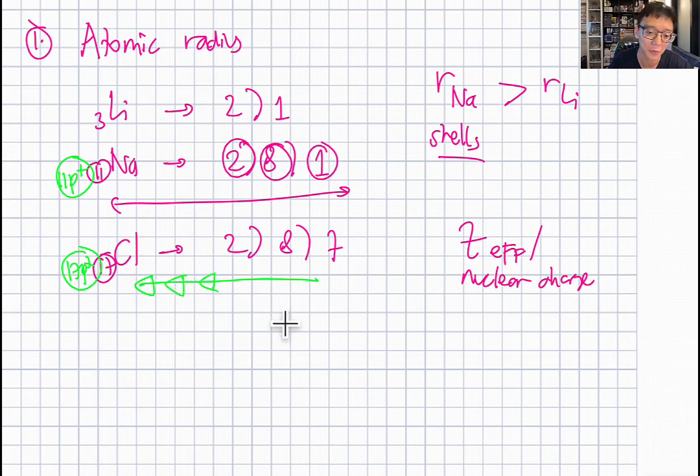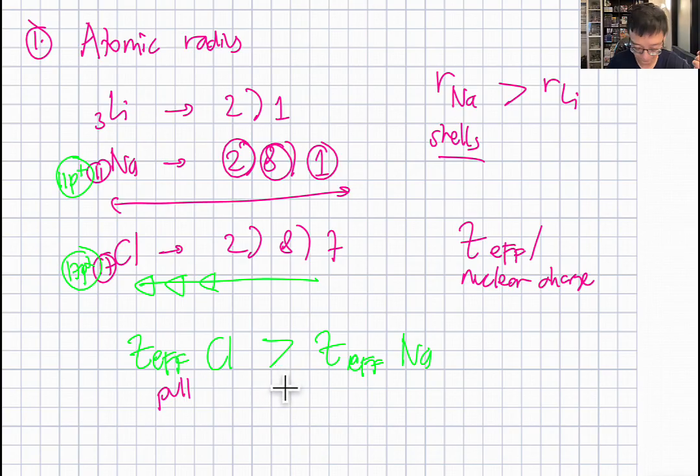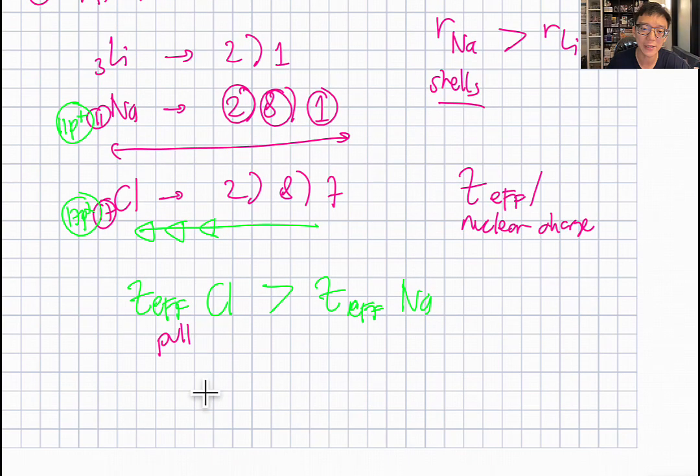Meaning that because the nuclear charge of Cl is more than the nuclear charge of Na, the pull is more in Cl compared to Na. Therefore, the radius of Cl will be more compressed because of the attraction force, meaning that you will have a longer radius for sodium.